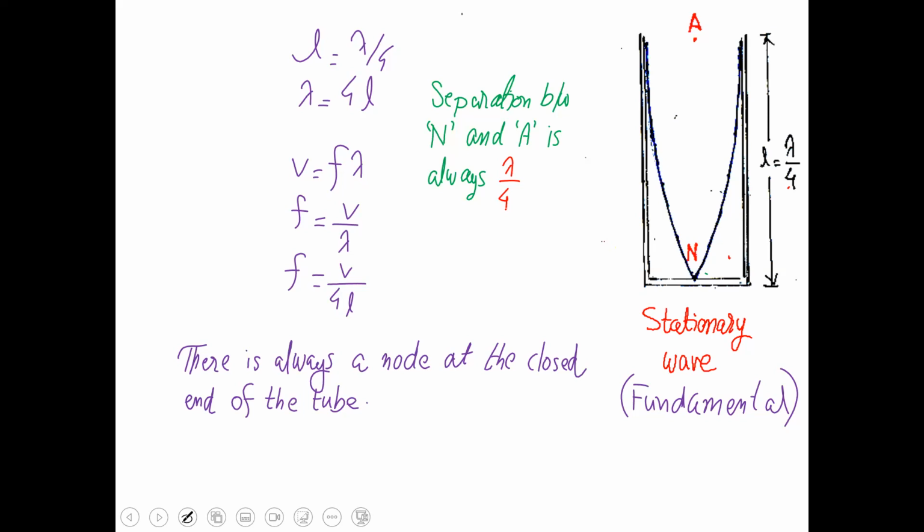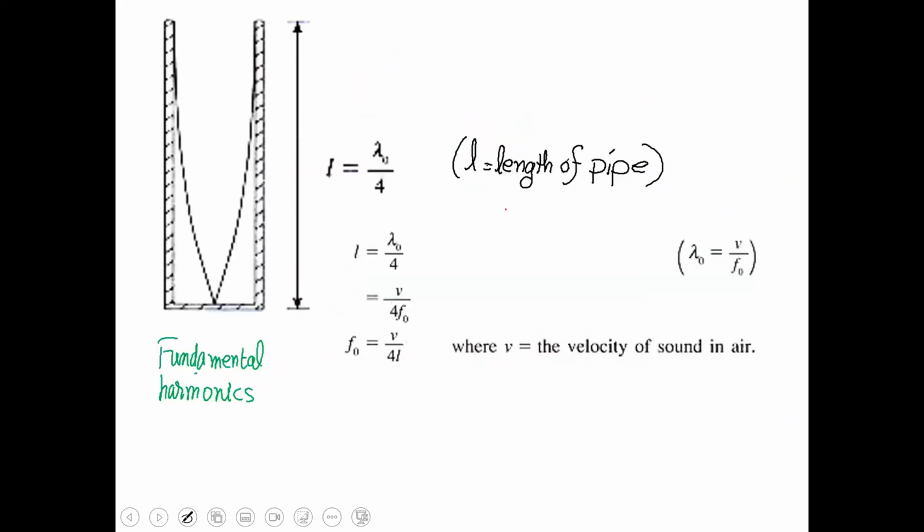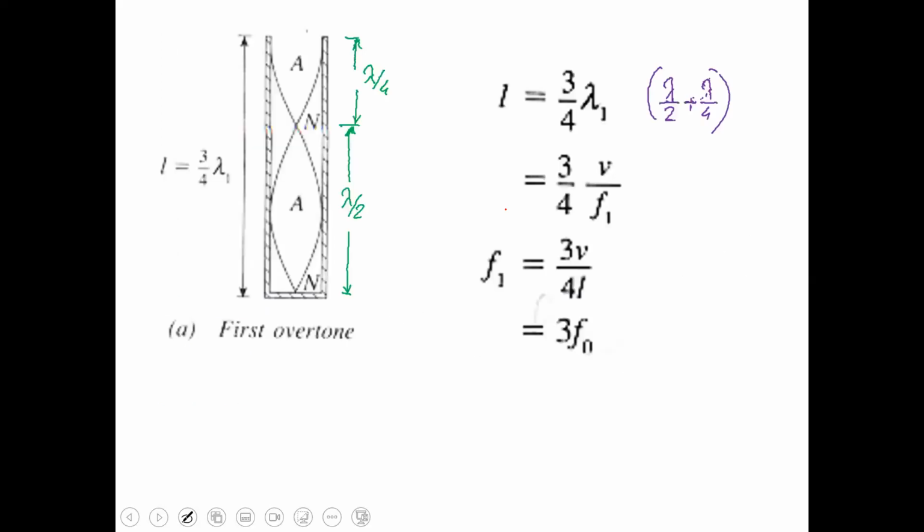So whenever you come across a question like that, like now look at this one, node to antinode is lambda by 4. Now, if I take the first overtone, you have to tell me how come it is 3 upon 4 lambda?